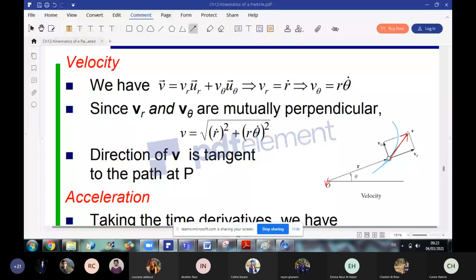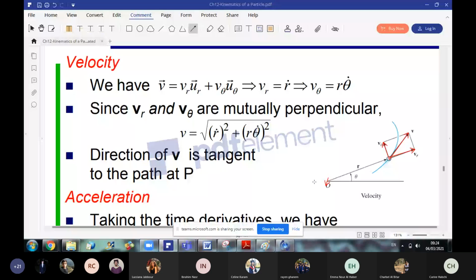So if I want to decompose it in the UR U theta frame, it will have two components. One along UR, which I call VR, the radial component, and one along U theta, which is called the transverse component. VR is a function of the variation of R. This is why VR is R dot, dr by dt. If R is varying, then I have a radial velocity. If R is constant, then VR will be 0.